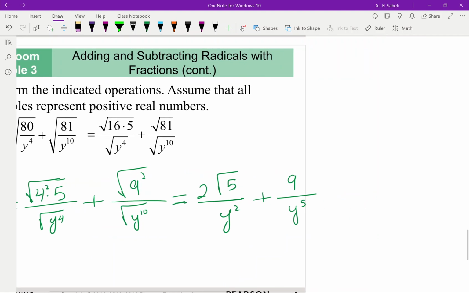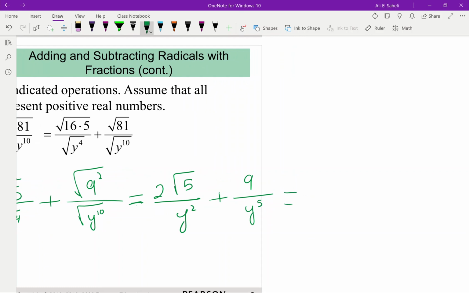Okay. Now this is equal. Common denominator is y to the power 5. Okay, but we need to multiply this by, okay, let me give myself some space. Okay, you need to multiply this by y to the power 3 over y to the power 3.